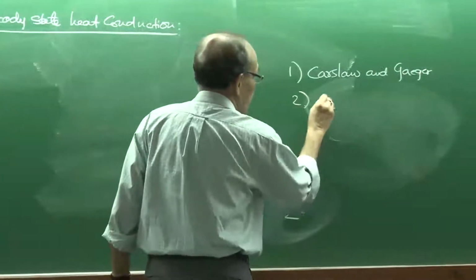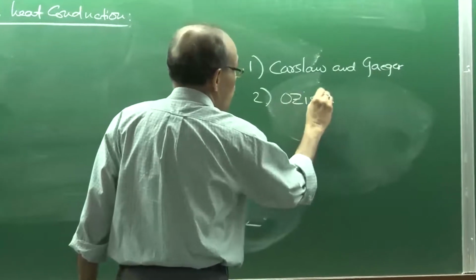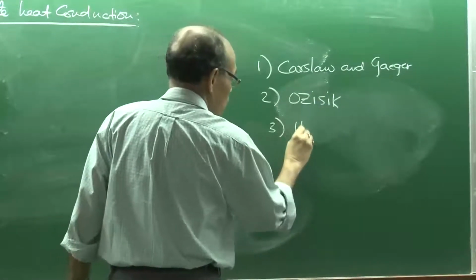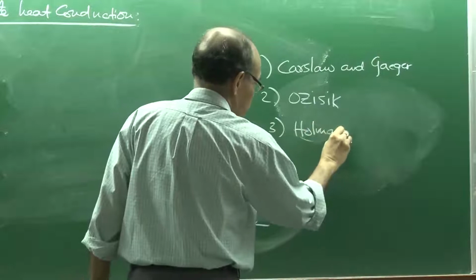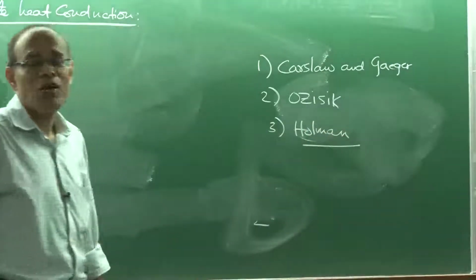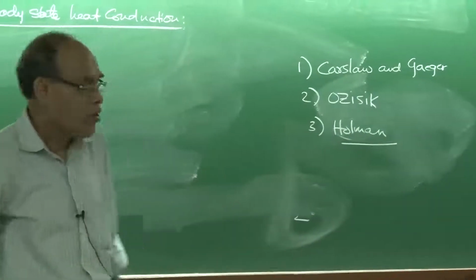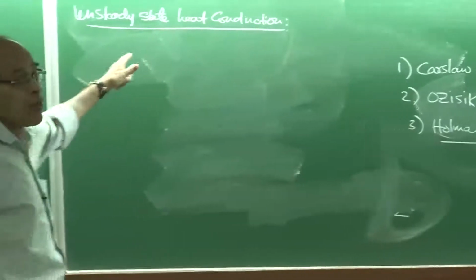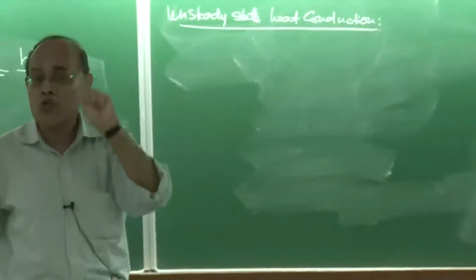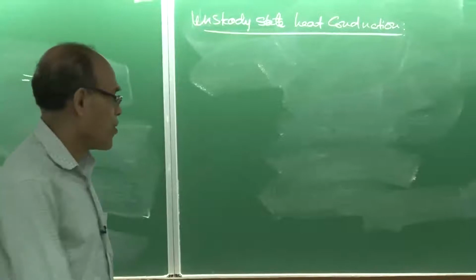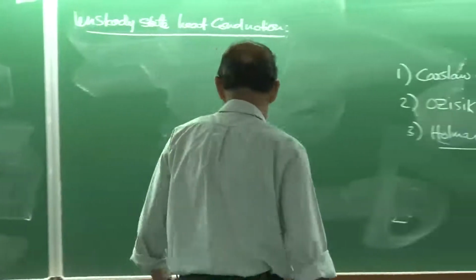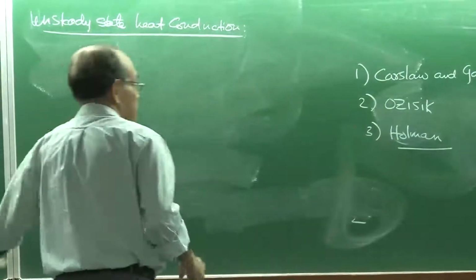Then you can read the book by Ozisik, that is also a good book, and you can also read the book by Holman. These are all standard texts which give a plethora of solutions for unsteady state cases, and here we are going to discuss only 1 or 2, to give you the flavor of the subject and not a comprehensive presentation.